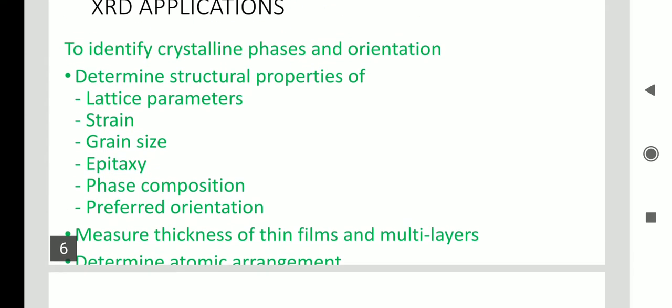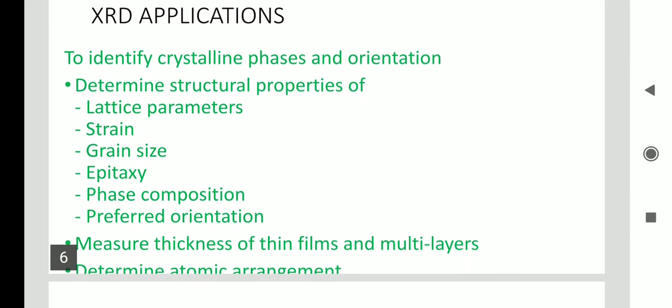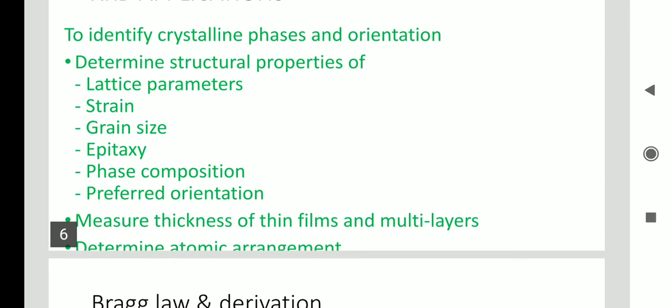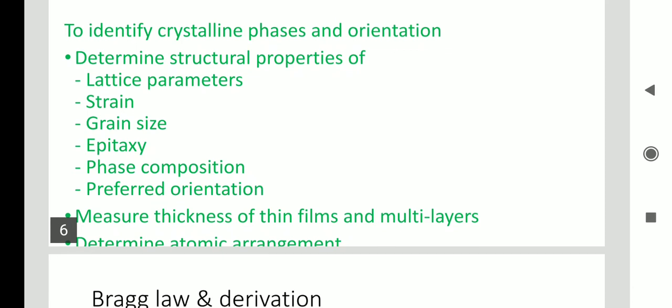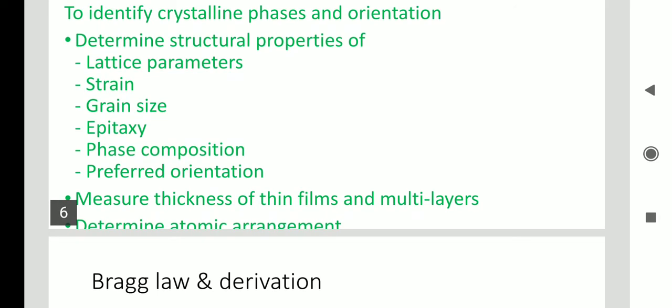These are the applications of X-ray diffraction.